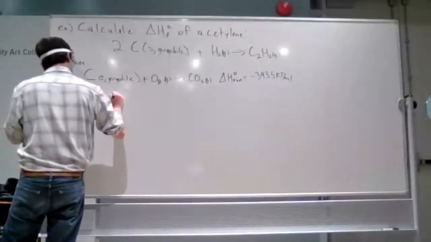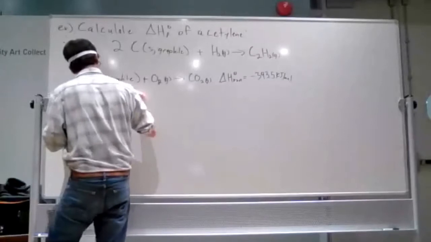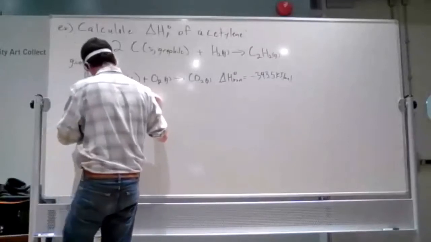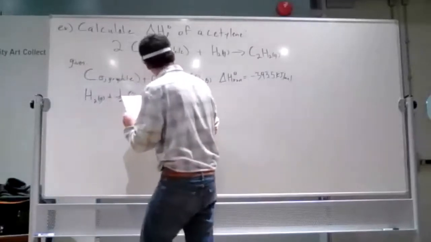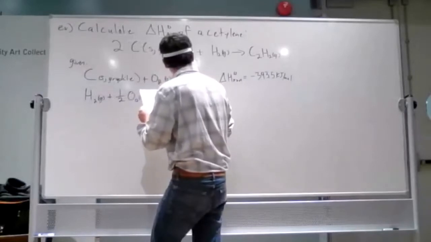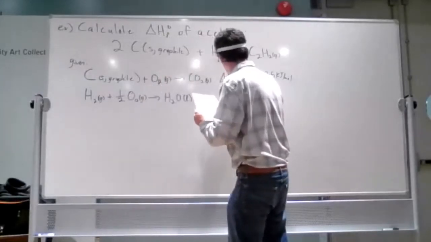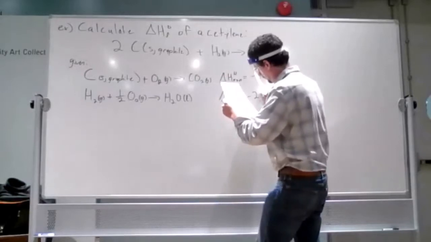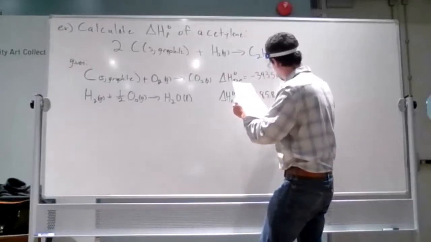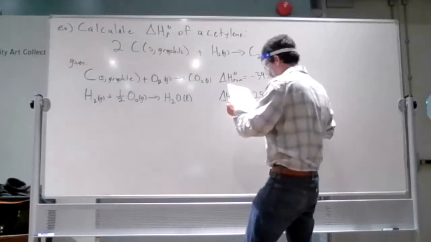H2 gas plus 1/2 O2 gas gets us to H2O liquid. Delta H naught of reaction, negative 285.8 kilojoules per mole.